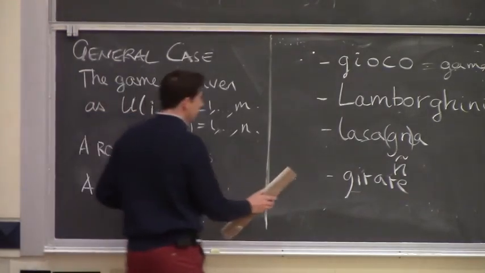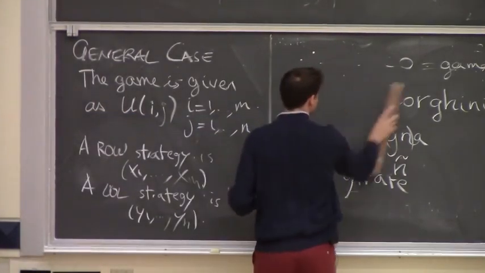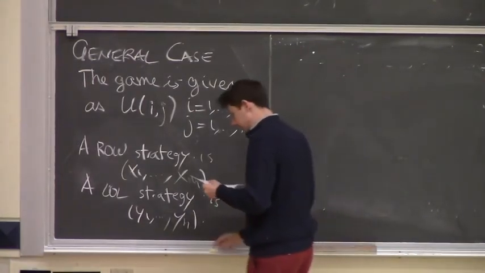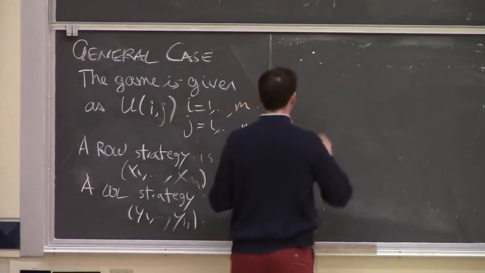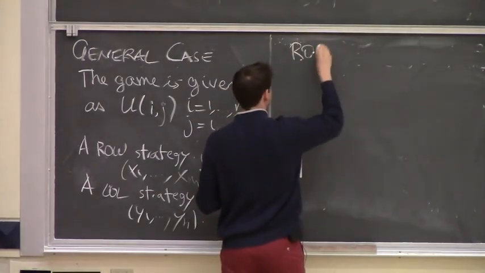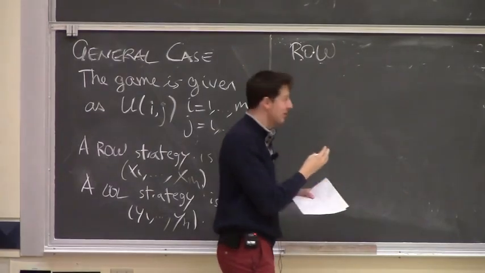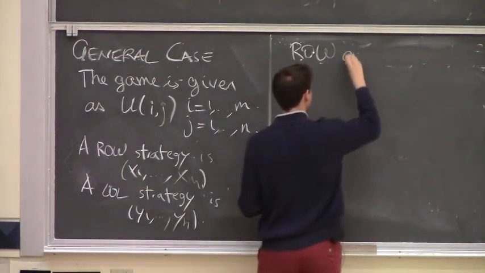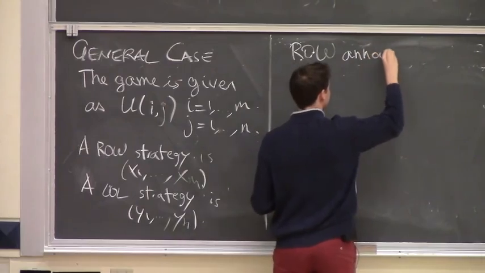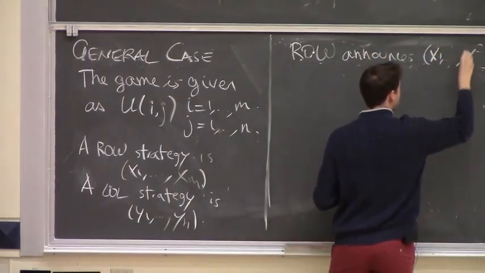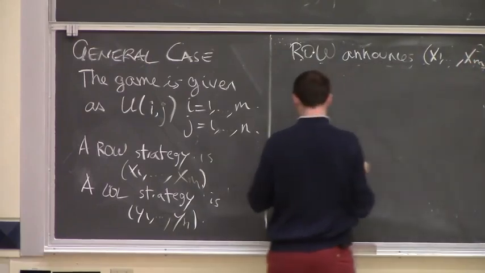All right, so let's try to see what happens in general. So say that row, we're going to do it for the 5th time, okay? So hopefully it will stick this time. Row announces x1 through xm, okay?